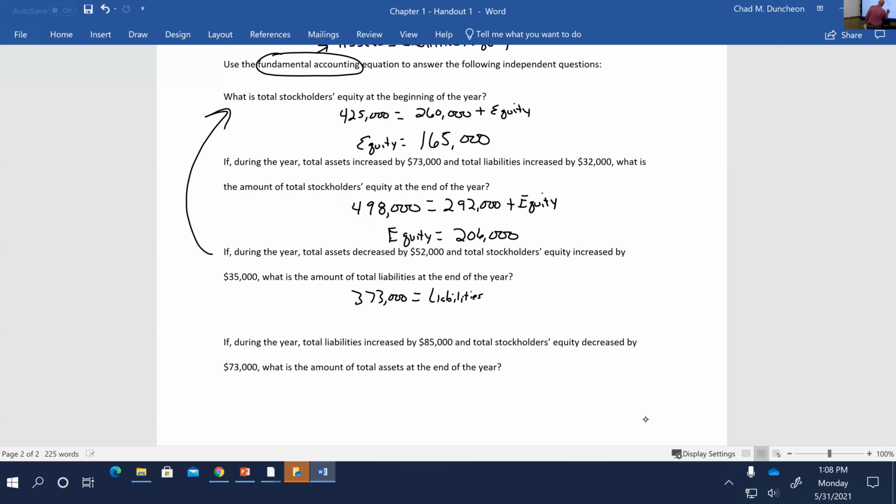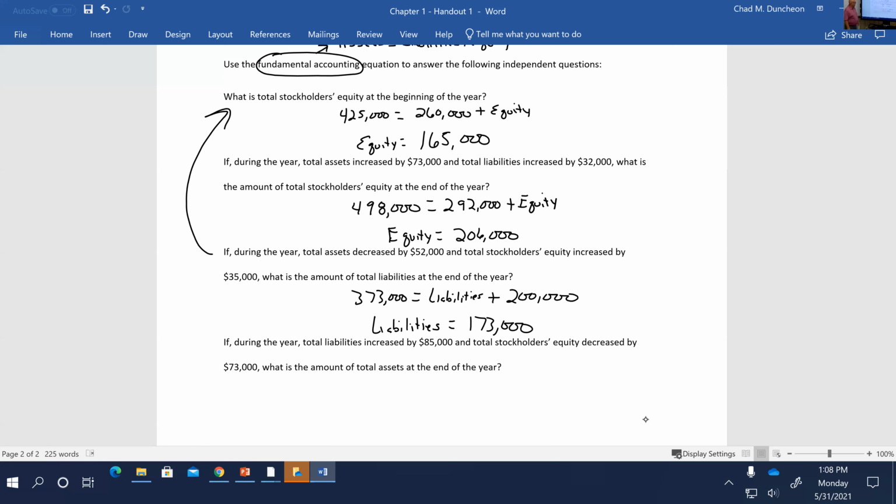It doesn't give us our liabilities amount, but it tells us that the equity increased by 35. We calculated the equity up there at 165, so now it becomes 200,000, which means our new liability total is 173,000.